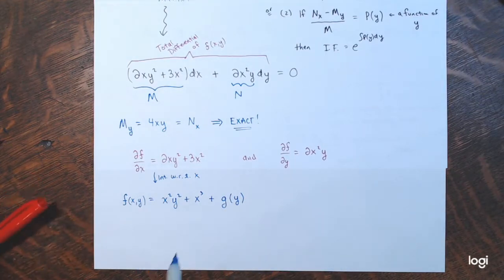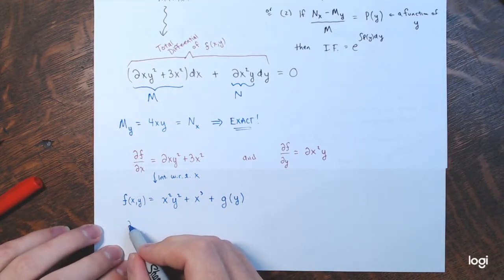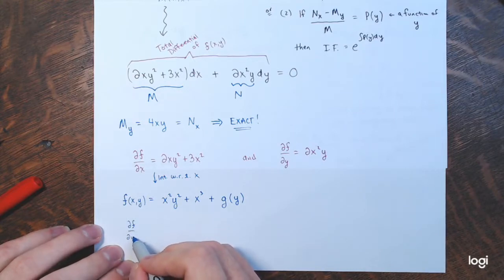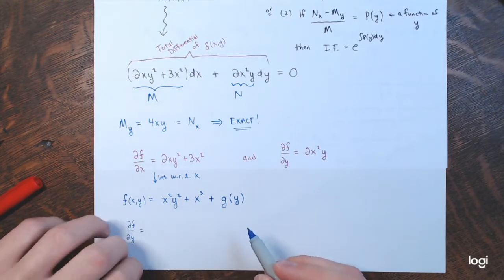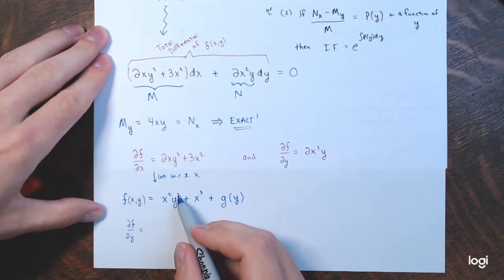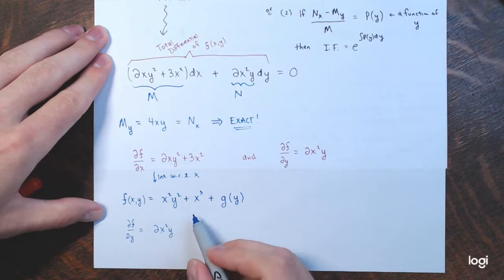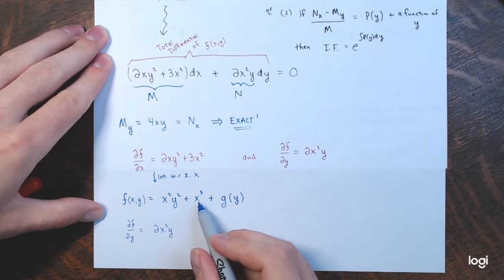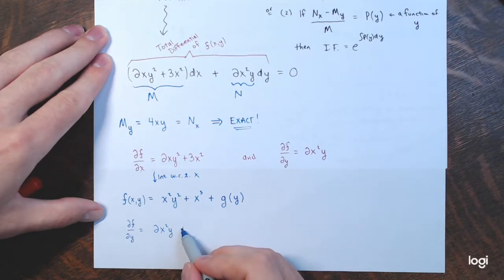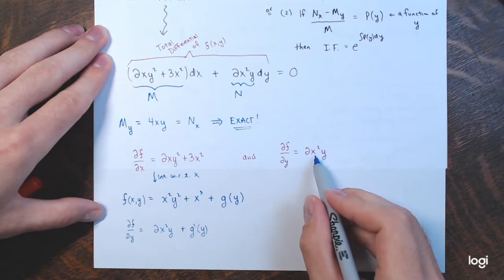So the partial of f with respect to y, treating x as a constant, would be 2x squared y plus nothing, because x cubed is a constant here, plus g prime of y. And this should be the same as what I wrote out for the partial of f with respect to y earlier.